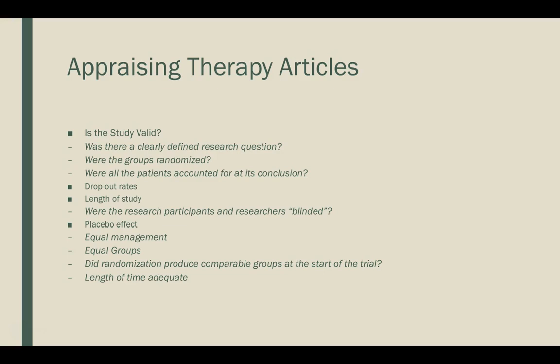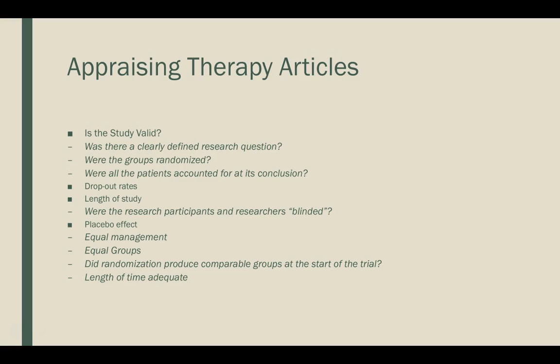A lot of that can depend on the length of the study too. We talked about those longitudinal studies. So do they just lose people because people move away, or they lose interest in the study so they don't participate anymore? Were the research participants blinded, and the researchers? Again, that takes into account the placebo effect.